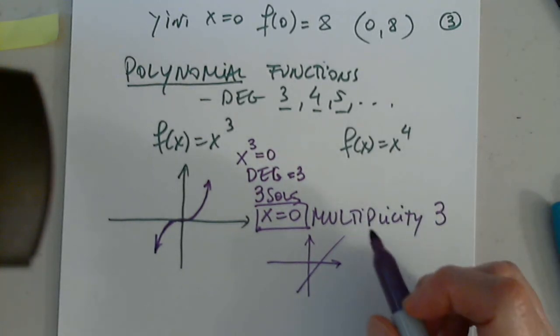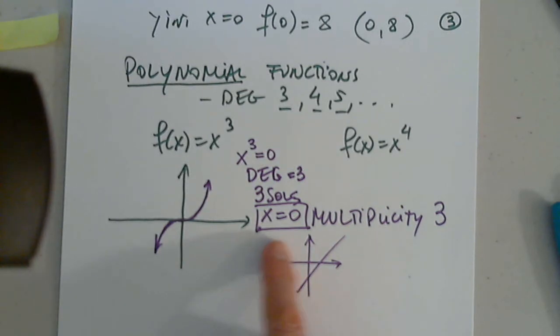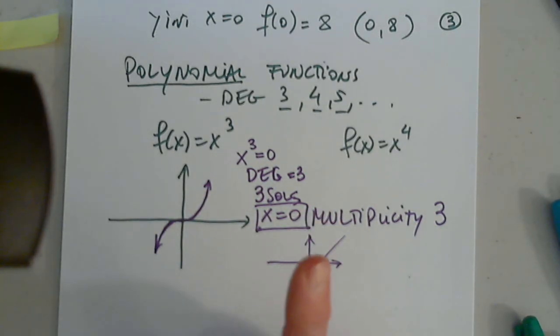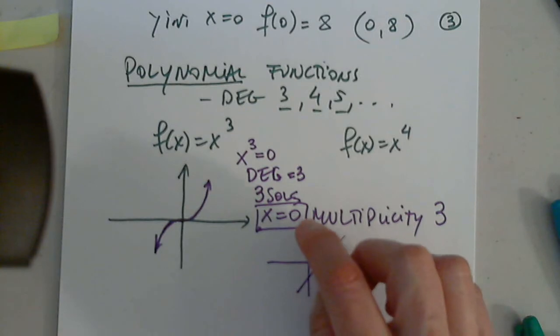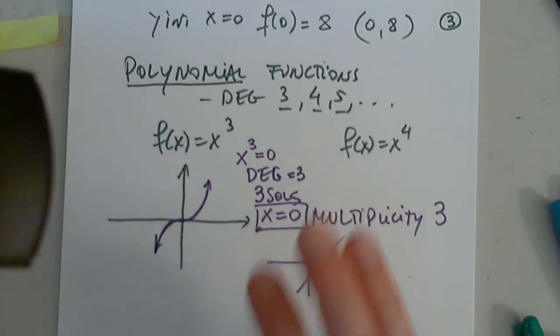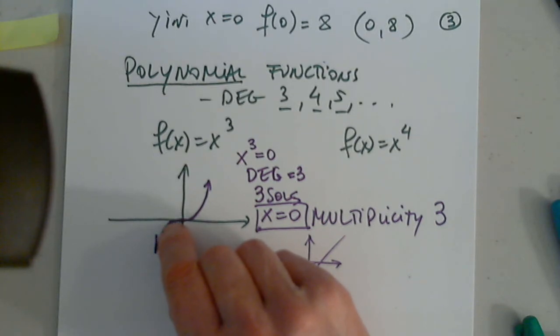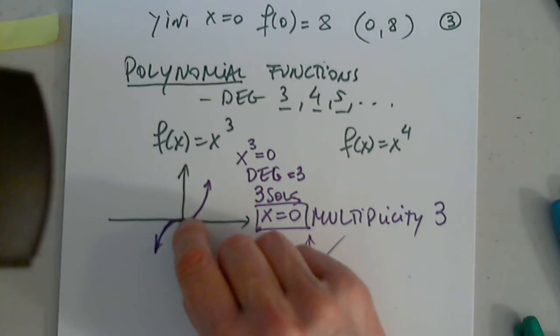If a solution appears once, the graph will have a straight cross. But here there are 3 solutions, x equals 0. And you can say, what are you talking about? What I'm saying is that there is only one solution. But because the solution appears 3 times, the graph takes its time, slowly crossing only once.